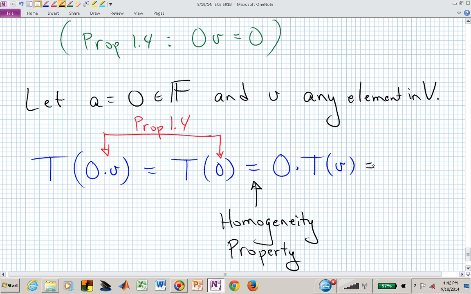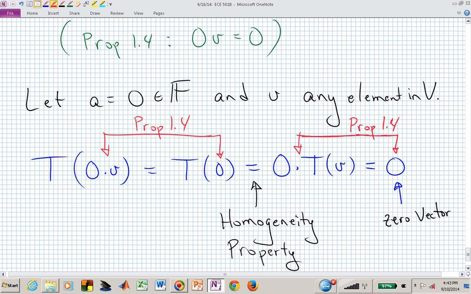But that's now equal to what? The 0 scalar times a vector, which is the vector resulting from T of V, is going to be 0. That's our 0 vector. And this also is proposition 1.4, isn't it?